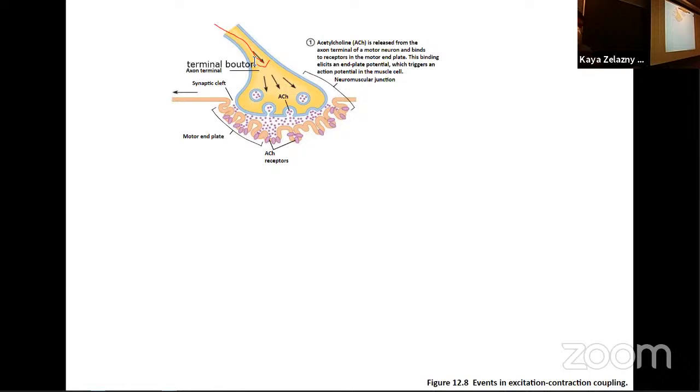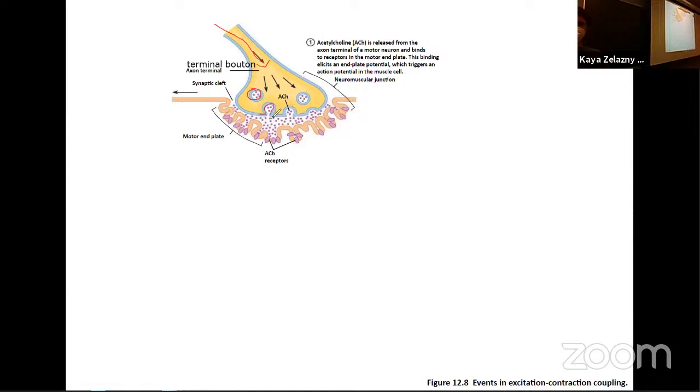Just like with our other nerves that we saw in our last unit, the depolarization causes a change in the state of those voltage-gated calcium channels, which tells these synaptic vesicles to release their neurotransmitter.